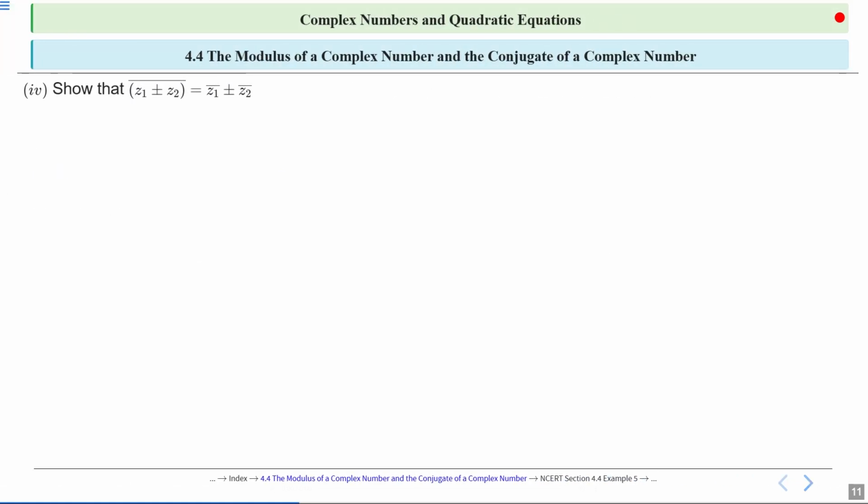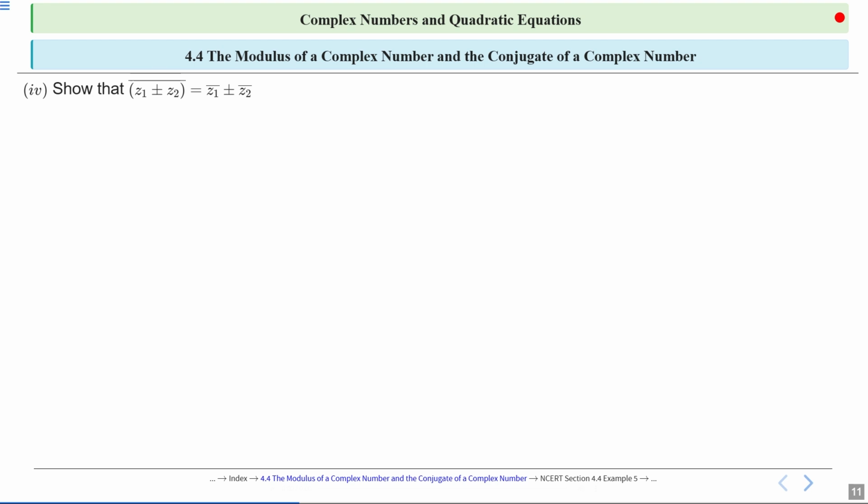Now we will look at another property of complex numbers involving conjugates. The statement here is the conjugate of the sum or difference of two complex numbers is equal to the sum or difference of their conjugates. In symbols, this is written as conjugate of z1 plus or minus z2 equals conjugate of z1 plus or minus conjugate of z2.